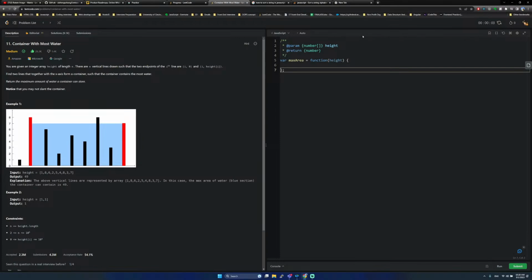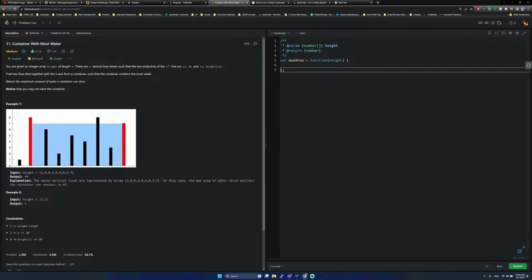You are given an integer array height of length n, and there are n vertical lines drawn such that the two endpoints of the ith line are (i, 0) and (i, height[i]).